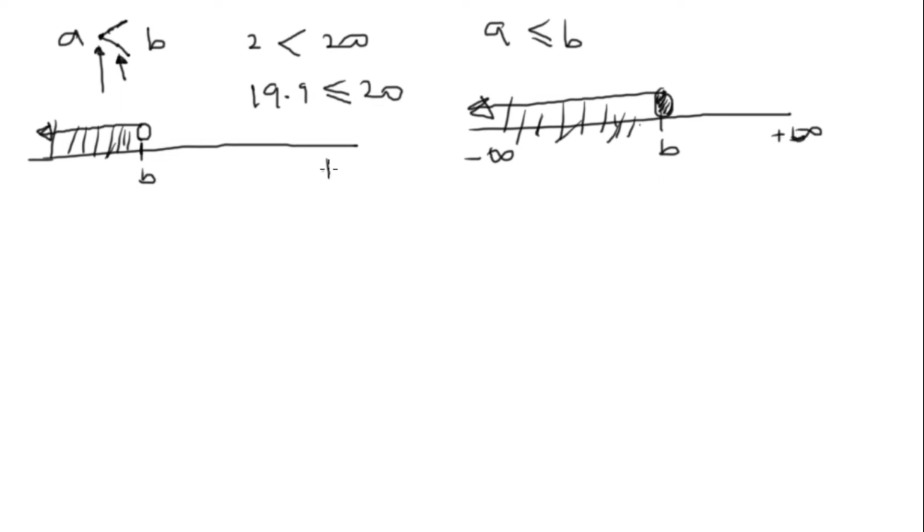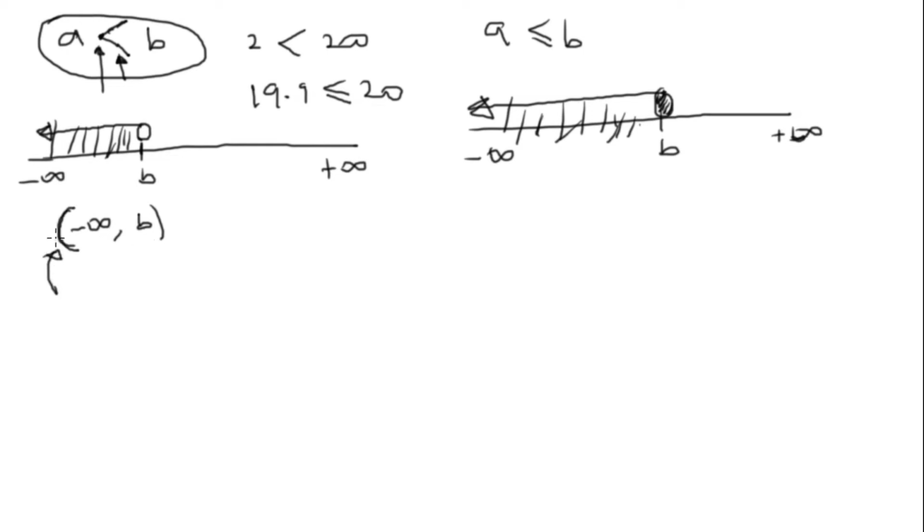So the interval notation has to be minus infinity, comma, then point B. That is, it is between minus infinity and point B.